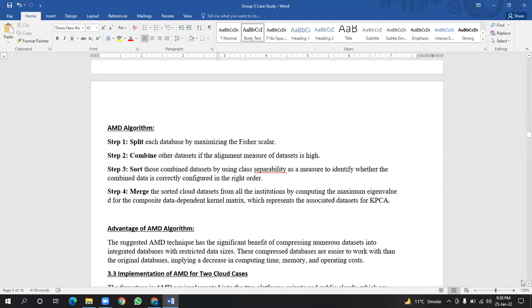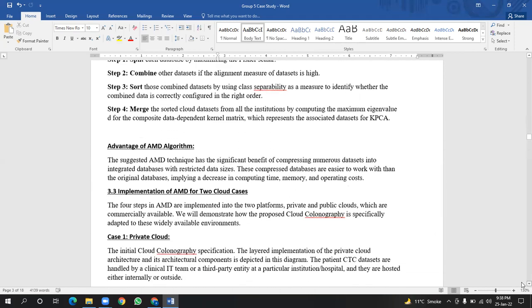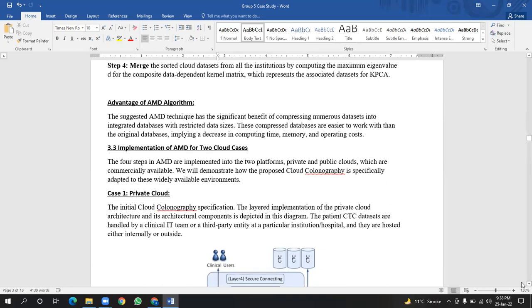So here is the AMD algorithm, where we see the four steps. Step 1 is to split each database by maximizing the Fisher scalar, step 2 is to combine other datasets if the alignment measure of the dataset is high, step 3 is sorting, and step 4 is merging. So as you see all the steps, now we are talking about the advantages of the AMD algorithm.